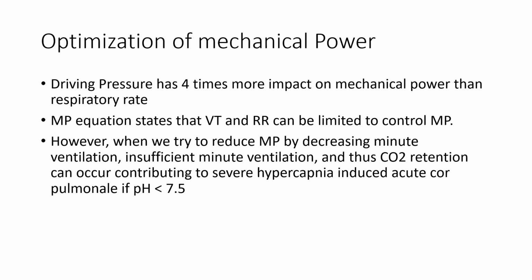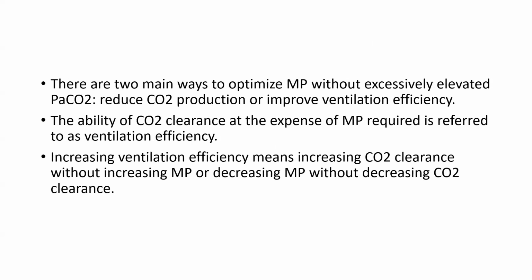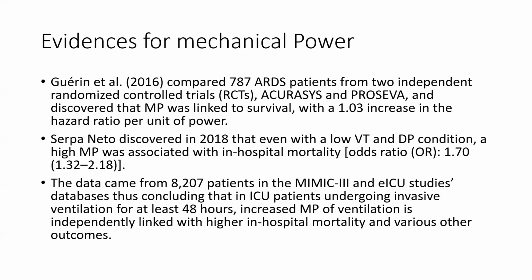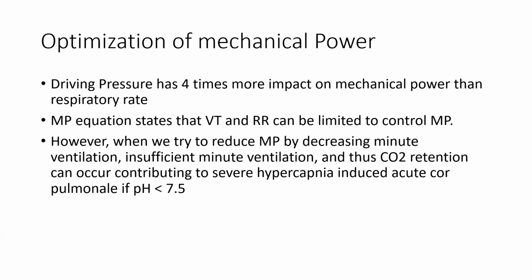So the conclusion of all the trials is that if there is an increase in mechanical power, there is an increase in ventilator-induced lung injury, which will cause more harm. So our job in the ICU is to optimize this mechanical power.